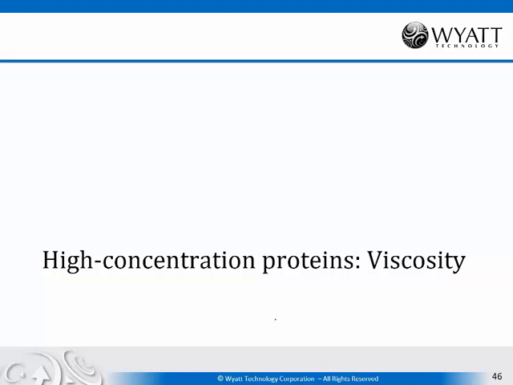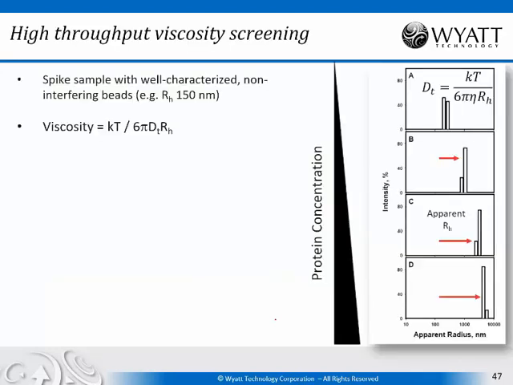Another important measurement for formulations of high concentration proteins is their viscosity. We can measure viscosity with dynamic light scattering, and we do that by using a probe particle with known size, typically something like a polystyrene latex bead, for instance, radius of 100 or 150 nanometers.